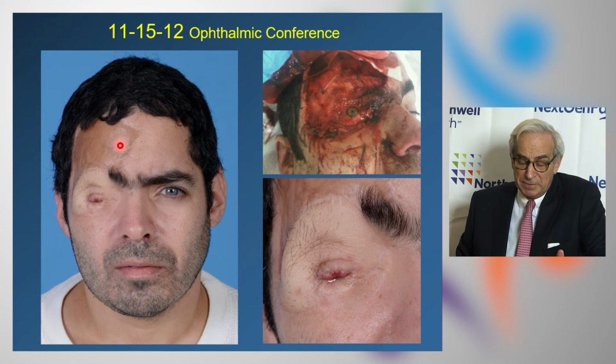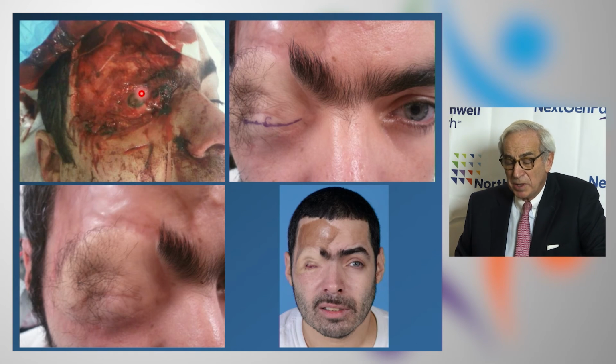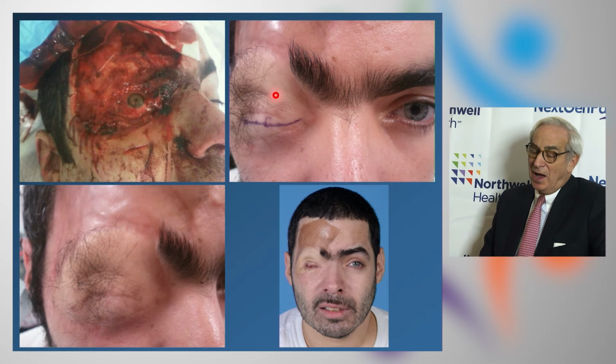He had a skin graft to his upper eyelid, but this is a microvascular free flap that was later shaped into rudimentary eyelids. Here he is on presentation. This is one really well done. Not that I did it, but one of our microvascular team did it, placing that free flap in the orbit.